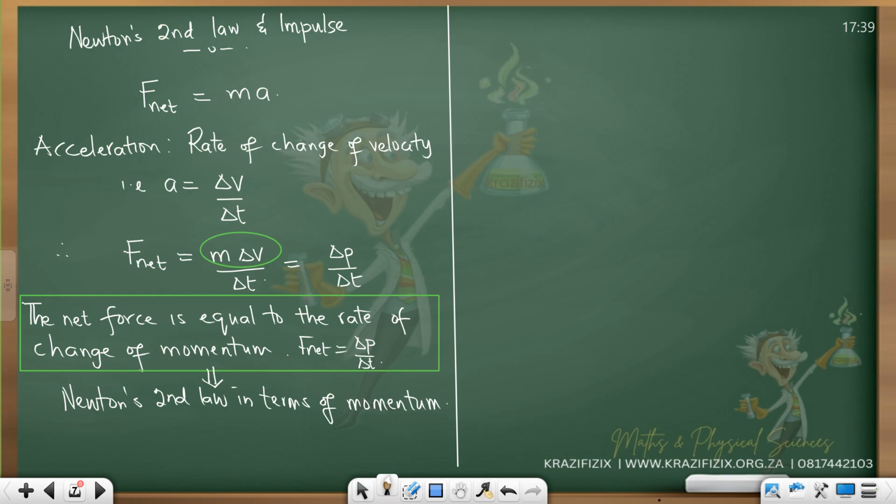And quickly, what does this mean? I want us to explore this. Now, as time increases, the net force will decrease. This is application now. Let's call it application.